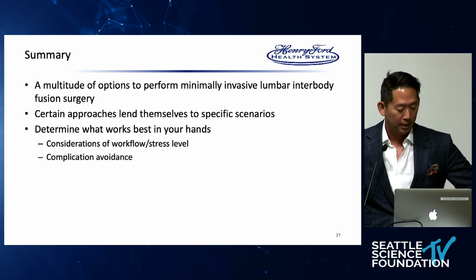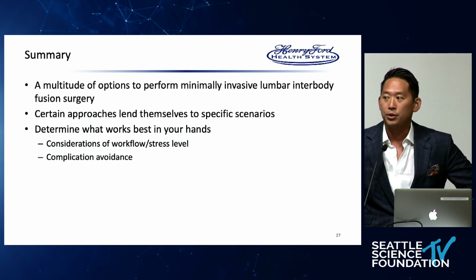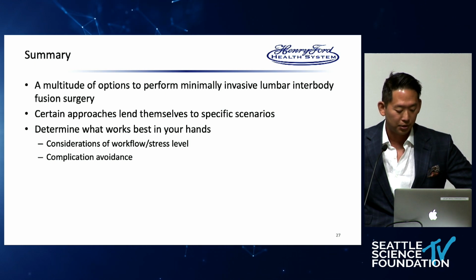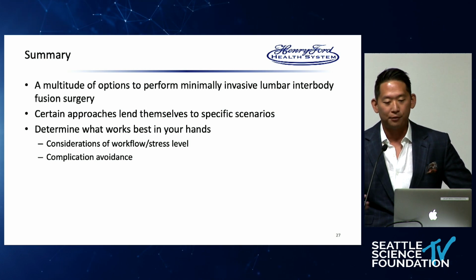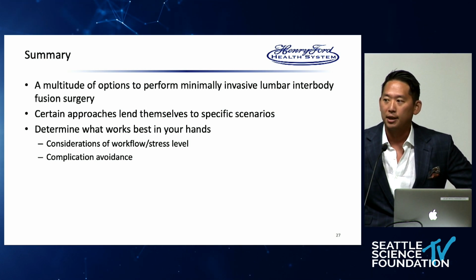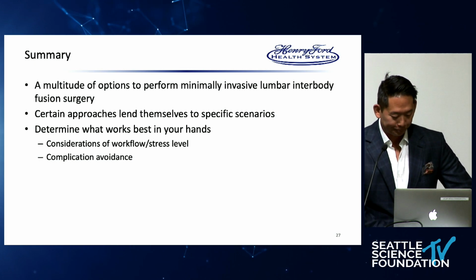And really, as you get more experience, it's all about complication avoidance. So you want to narrow that window of error as much as you can from a safety standpoint. Everyone's a little bit different in terms of what they feel comfortable with, but I think if you approach it from this framework, it'll keep you out of trouble.